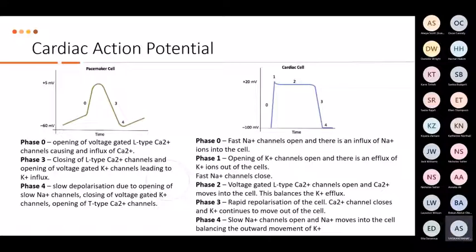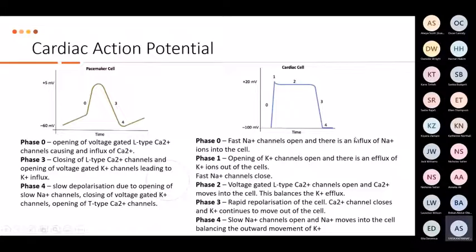Then you have a slow depolarization going on in the background due to slow sodium channels, so you don't need a stimulus, it just happens automatically. That's why they're called pacemaker cells, because this keeps the heart beating and keeps the action potentials going through the heart without any other stimulation.